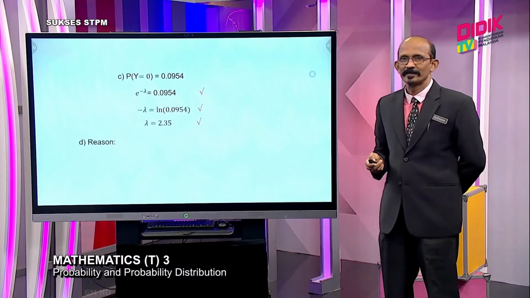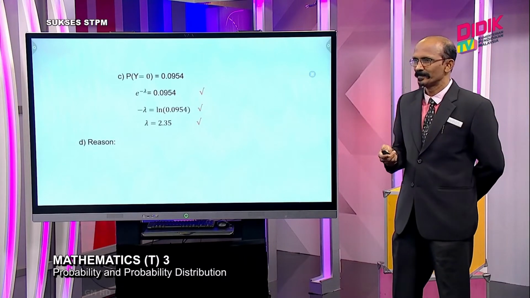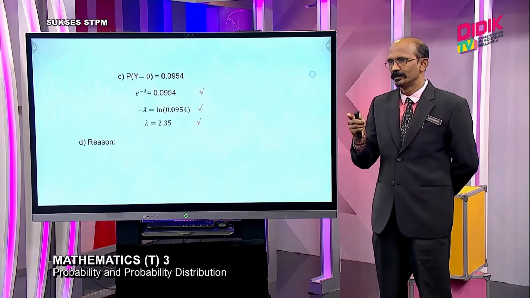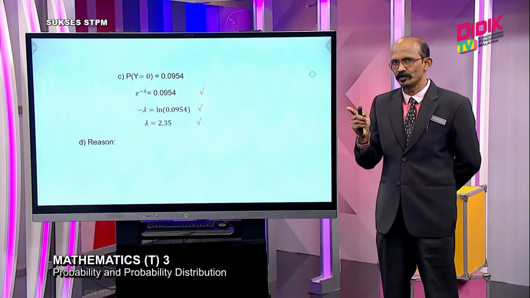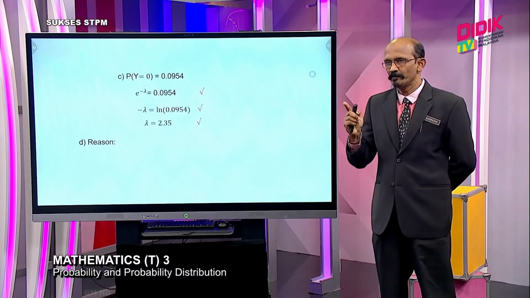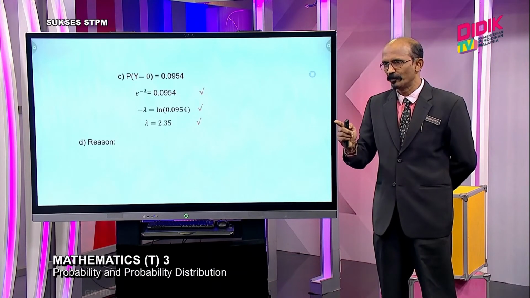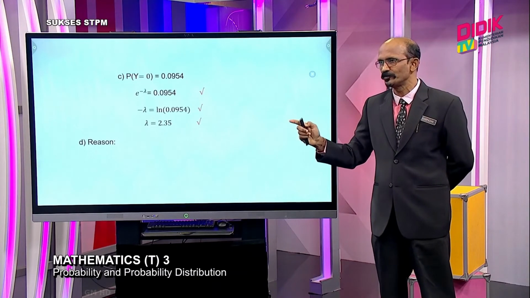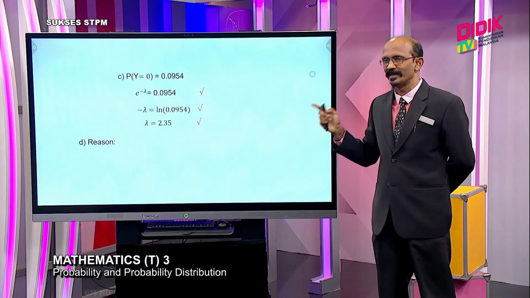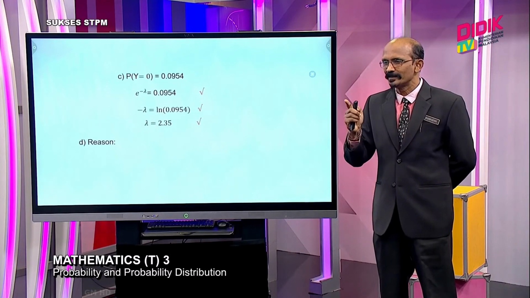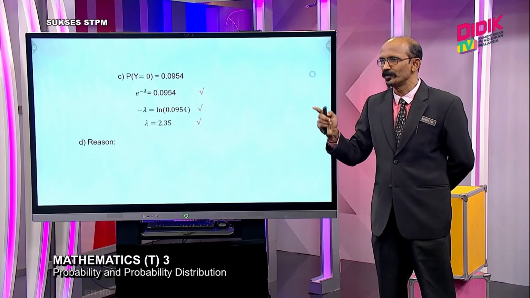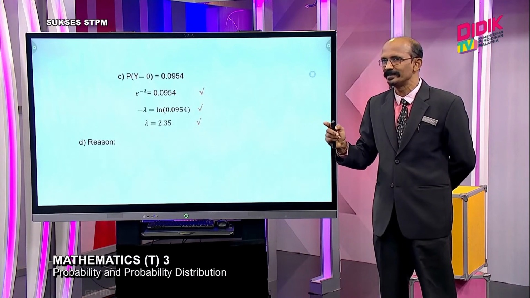Next, they ask you to give a reason. As I mentioned earlier, for the binomial and Poisson distributions, you should be able to state their conditions, the properties of the Poisson distribution. But in this case, they are asking why it does not follow a Poisson distribution. That means you must find the negative statement.